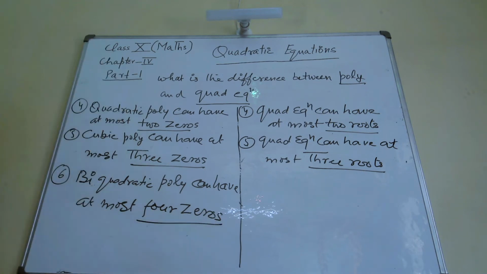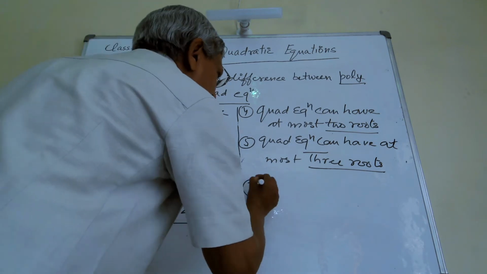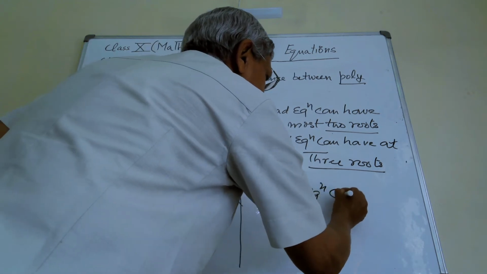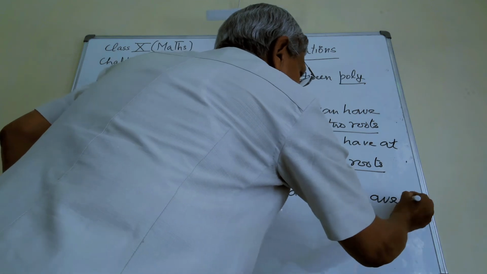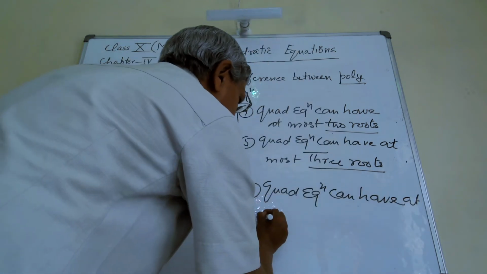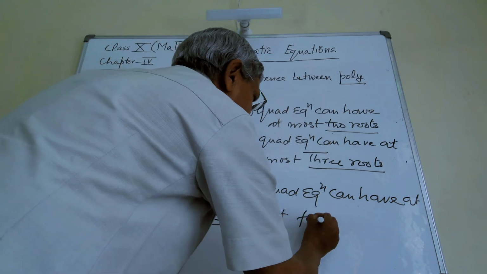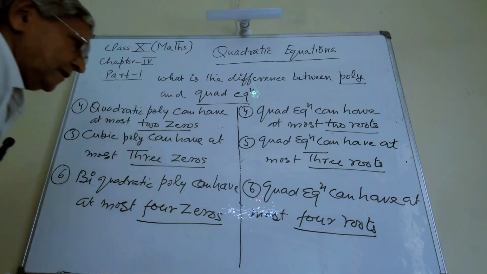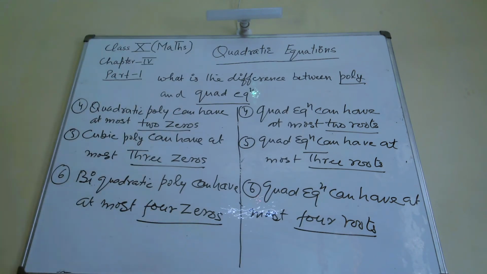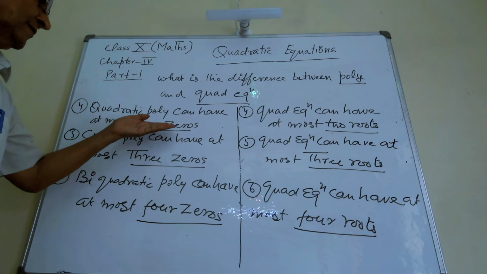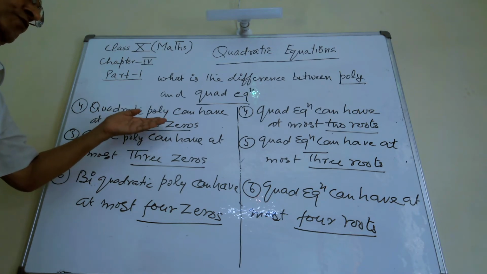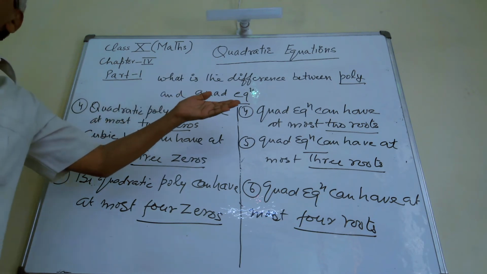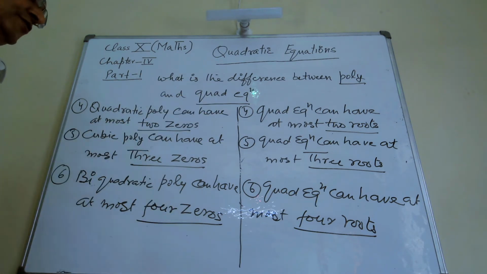A biquadratic equation can have at most four roots. Here you have seen that a polynomial can have zeros and an equation can have roots. This is the difference between a polynomial and an equation.